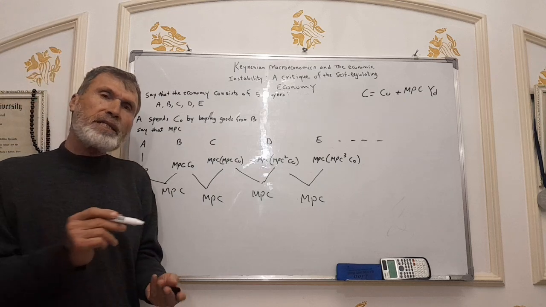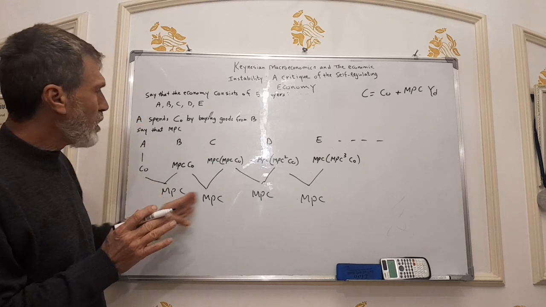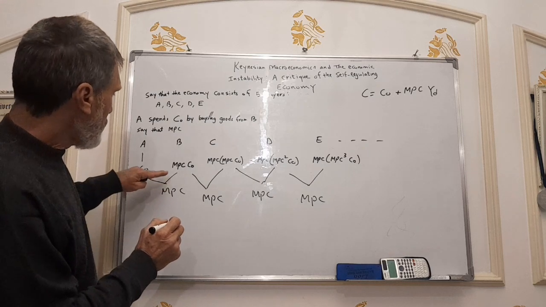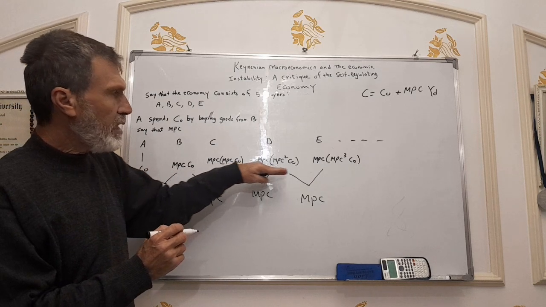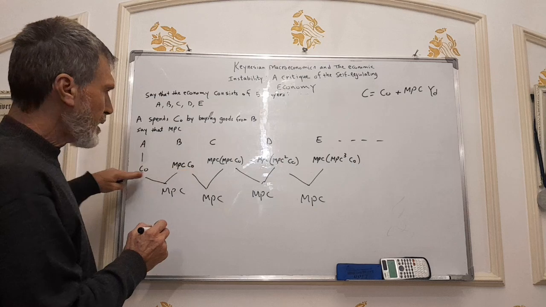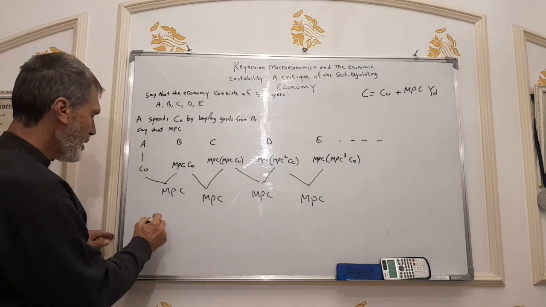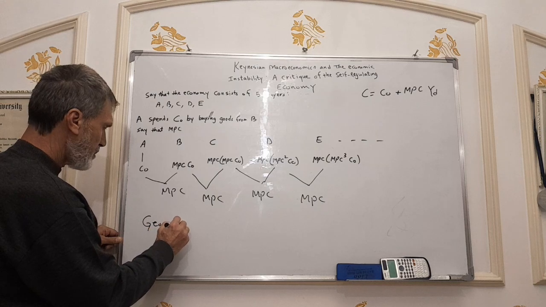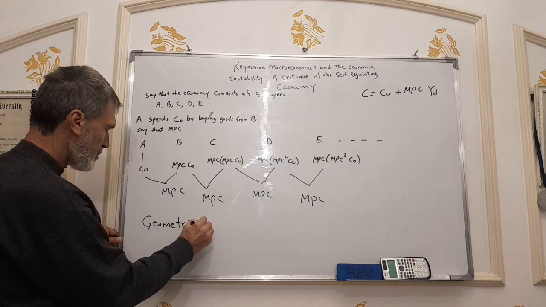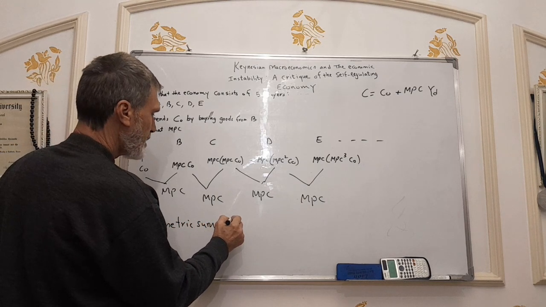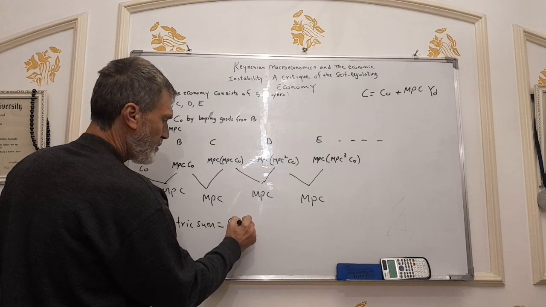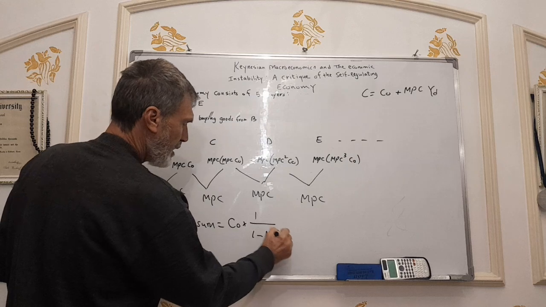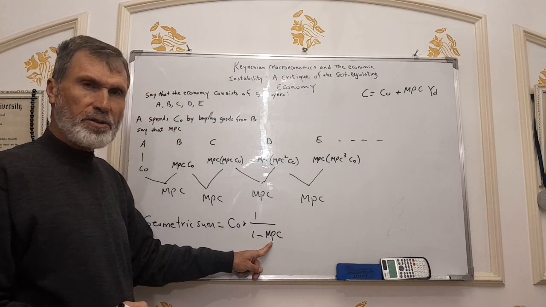And the geometric sum total of this series is going to be equal to what? Here we are talking about the total expenditure. The geometric sum is equal, of course, to C0 times 1 over 1 minus MPC, which is the common ratio.